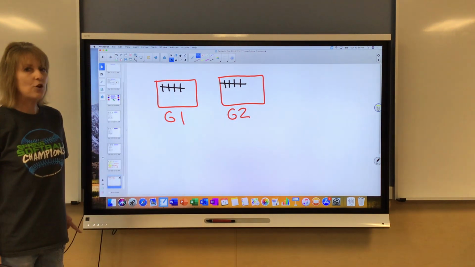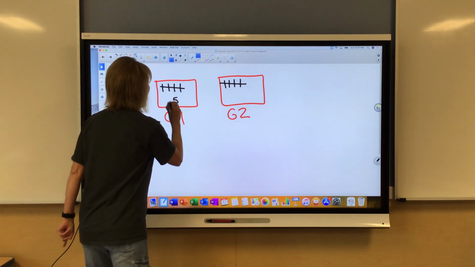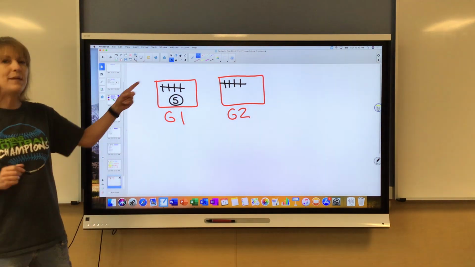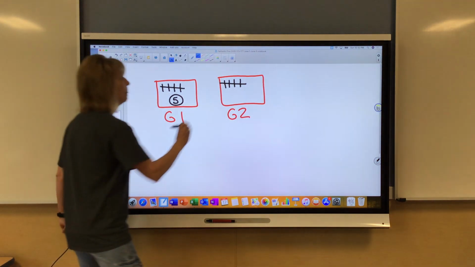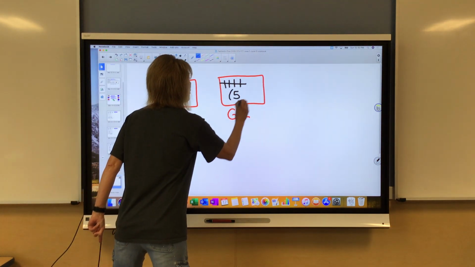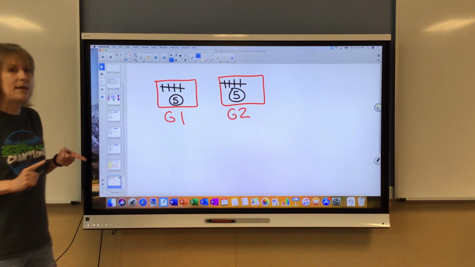How many tallies are in group 1, Lawson? 5, circle. How many tallies in group 2, Elijah? 5, circle.